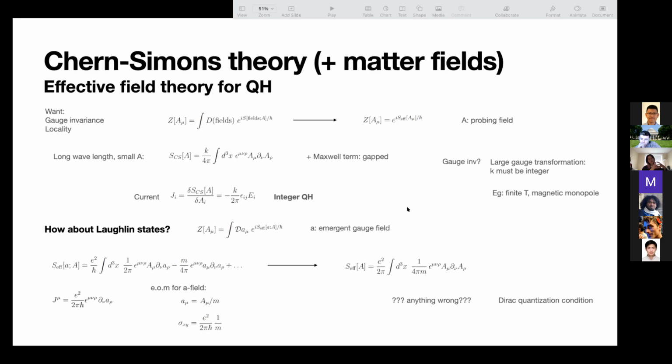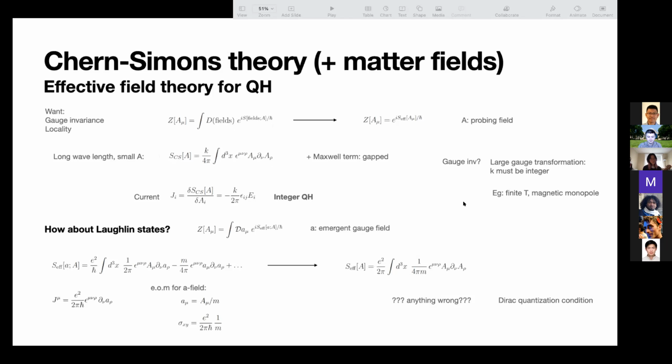Gauge invariance requires this partition function to be single valued, but this effective action can have some phase factor. Taking that into account, we'll find that k must be an integer.